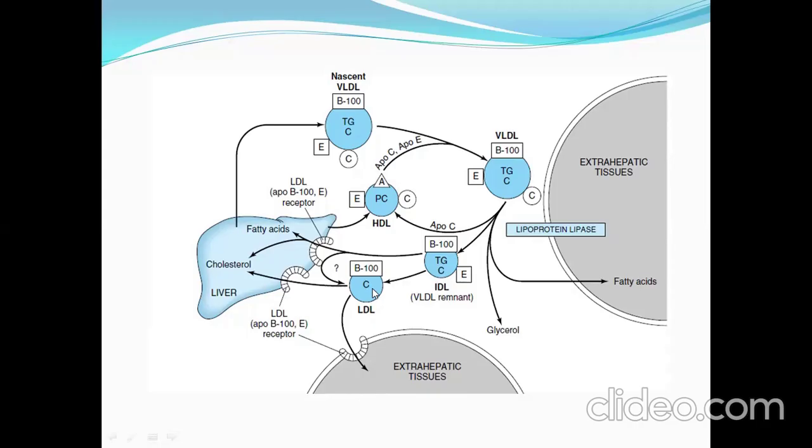Just see the difference between LDL and IDL. In IDL, there are triglycerides, but in LDL, there is cholesterol. There is no triglyceride at all. In IDL, there is apoprotein E, but in LDL, there is no apoprotein E. So only apoprotein B100 is there, and then cholesterol.